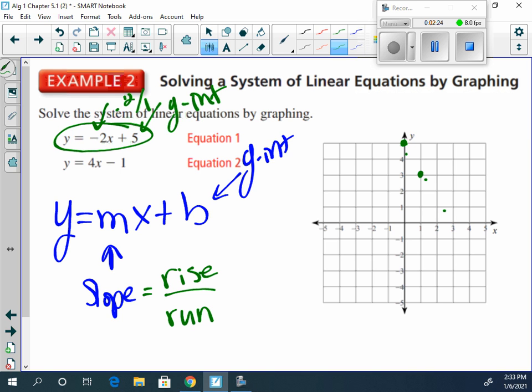We can go down 2 and right 1, and we can keep doing this over and over again to get this equation of a line. So we found the y-intercept at 5 because of the plus 5, and then we used the slope, which was negative 2, so it goes down 2 and right 1. And we got our line.